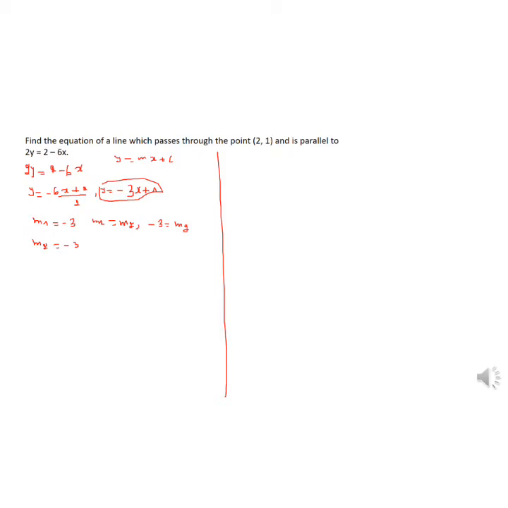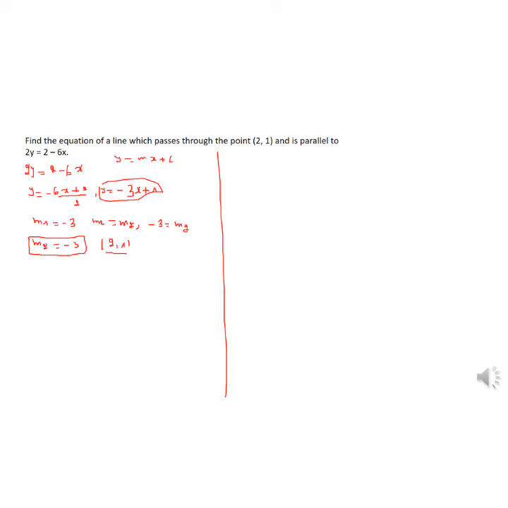So now, if the gradient of the second equation is equal to negative 3, we are going to find the equation of the line passing through the point (2, 1) with the gradient of negative 3, which is parallel to the first line.